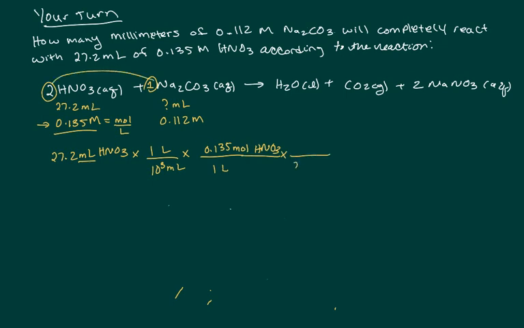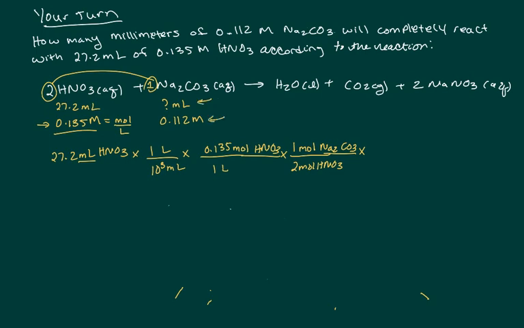For every 2 moles of HNO3 that I have, I need to consume 1 mole of sodium carbonate. Okay. Finally, I can't stop here because I'm not being asked how many moles of sodium carbonate that I have. I'm being asked how many milliliters I have.